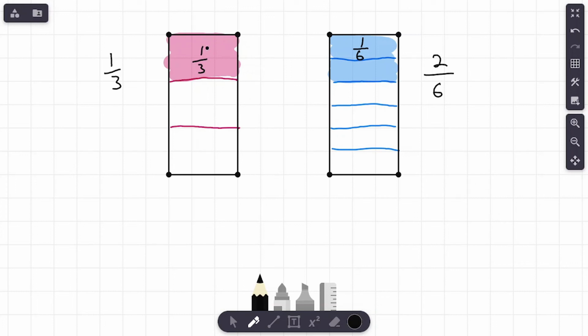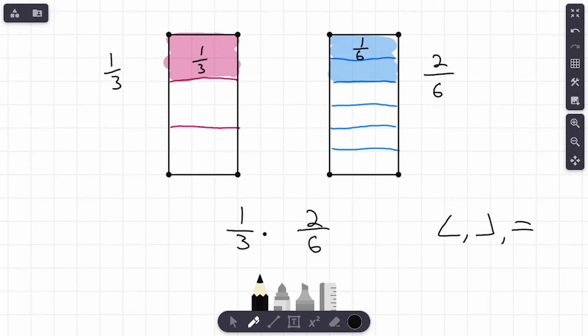Do you notice that 1/3 is a lot bigger of a piece than 1/6? All right, that's important to know. Now, second thing I want you to notice is take a look here at these two fraction models. Something unique about this one. There's our comparison symbols. What are y'all noticing?